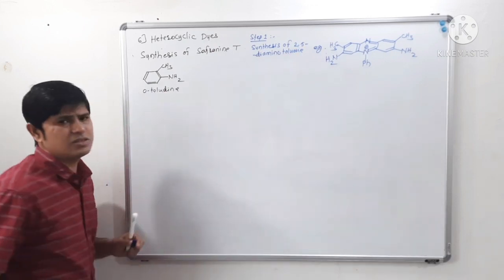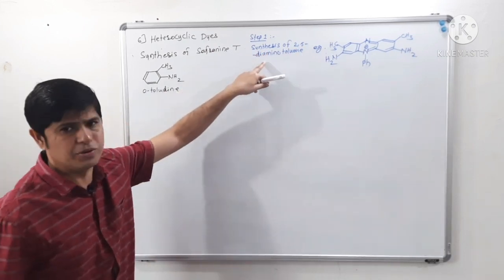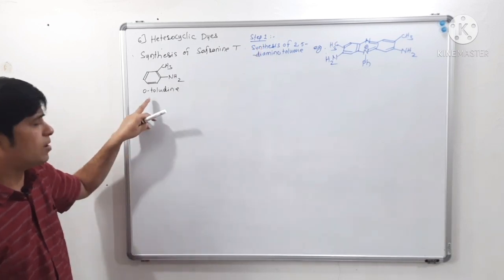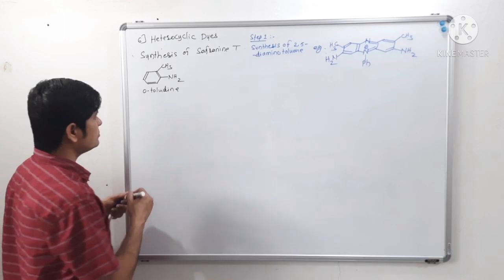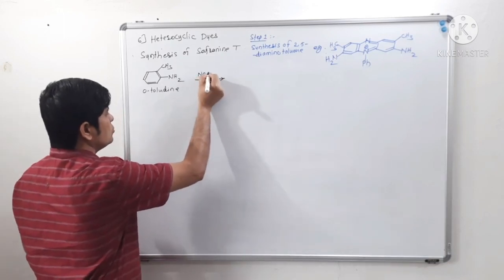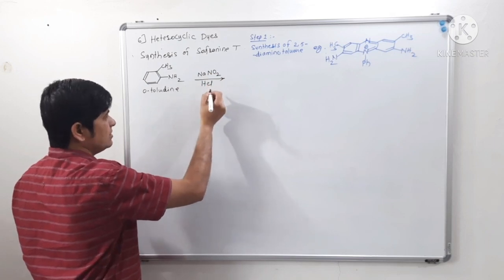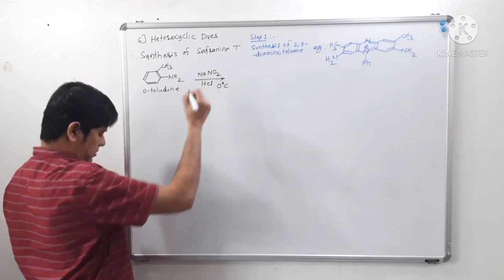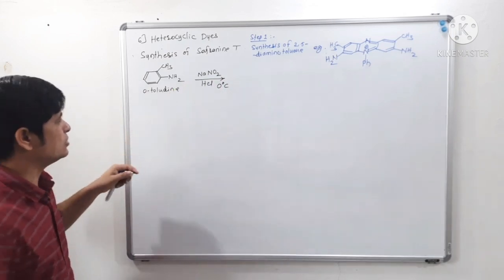We have to synthesize 2,5-diaminotoluene in step 1 from orthotoluidine, isn't it? So orthotoluidine is reacted with sodium nitrite and hydrochloric acid at 0 degrees Celsius.